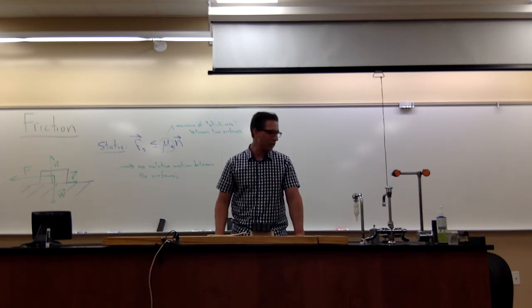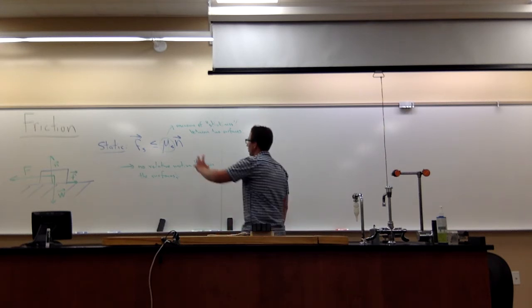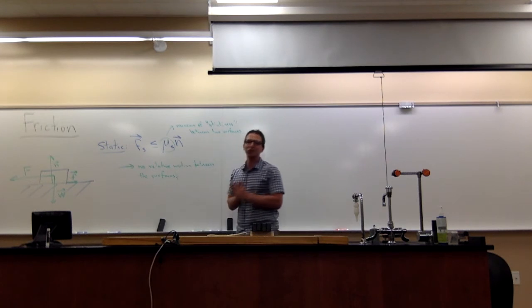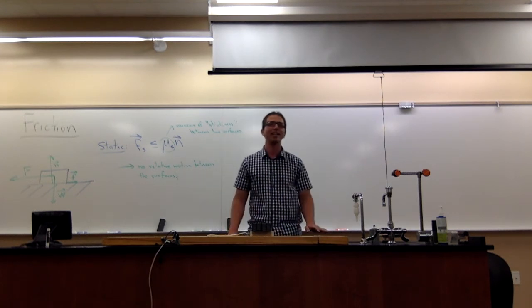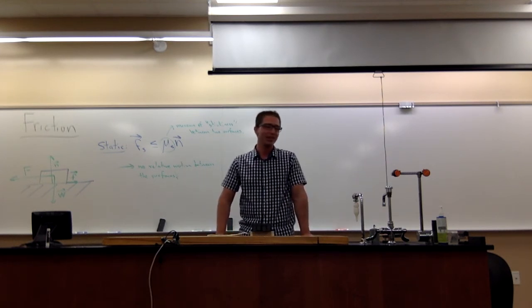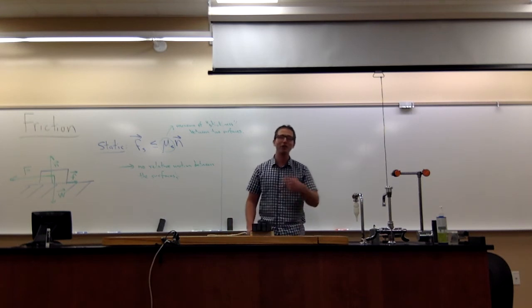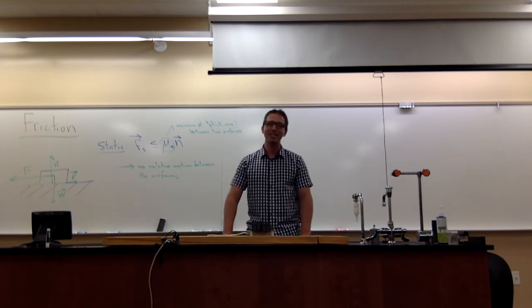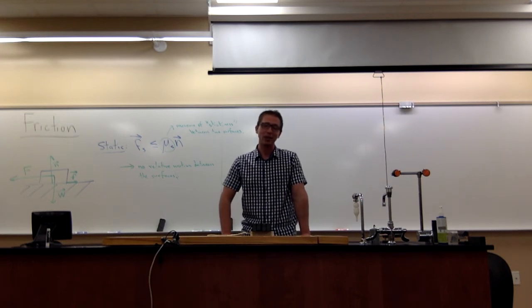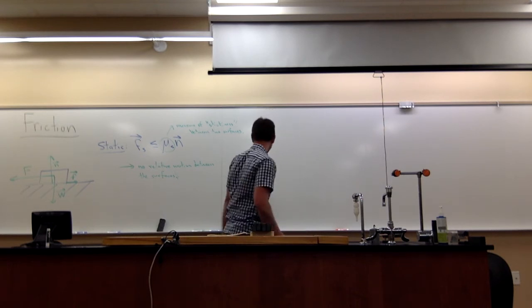So how might we experimentally measure how sticky those two surfaces are? That's very important for engineers to know when designing tread on rubber for a car driving down the road. You want to know at what point the rubber would begin to slip against either the concrete or the asphalt, as one example.